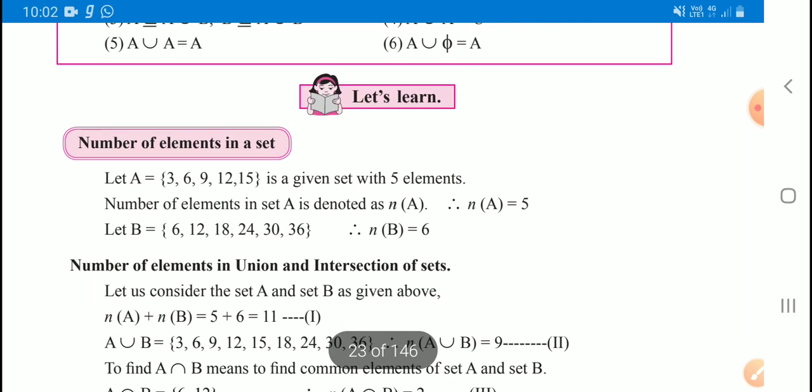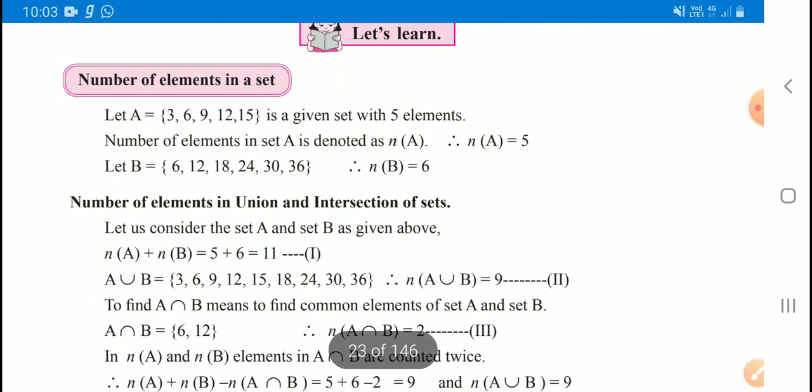Now the next point is the number of elements in a set. Whatever elements are given in the set, we have to count them, and that count is known as the number of elements of that particular set. Now let A be 3, 6, 9, 12 and 15. If you count these elements, there are a total of 5 elements.